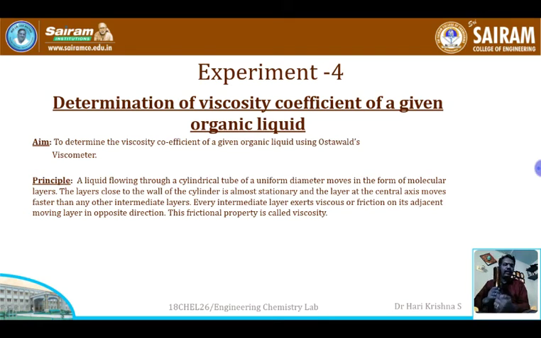Similarly, the layer adjacent to the bottle or cylinder will also offer friction. The overall thing is called viscosity. The frictional property offered to the flow of liquid is called viscosity.